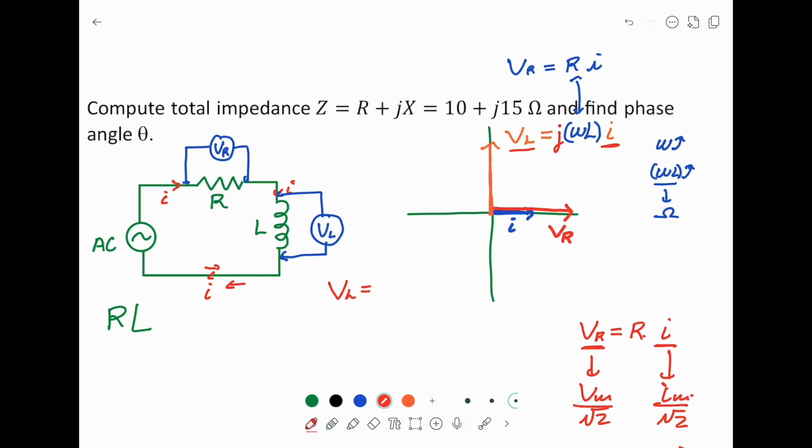It just means it leads the current. So in the phasor, it's 90 degrees ahead. So j omega L I. And we call this one the complex impedance for the inductor.